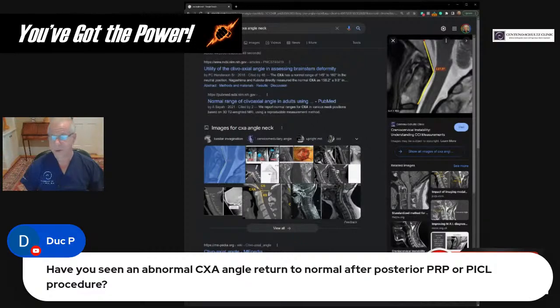Now, the absolute angle is not that concerning because most of these are within a range. But I think the bigger issue is that we may see big changes in that angle between flexion and extension that are abnormal. And again, pointing towards instability, meaning excessive motion, rather than the angle being too much or too little.